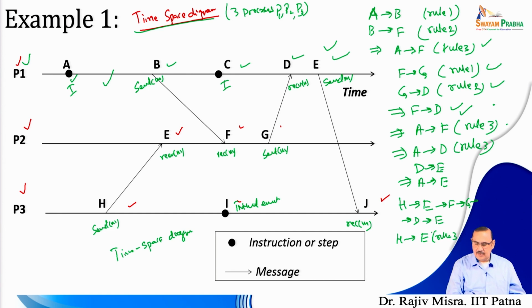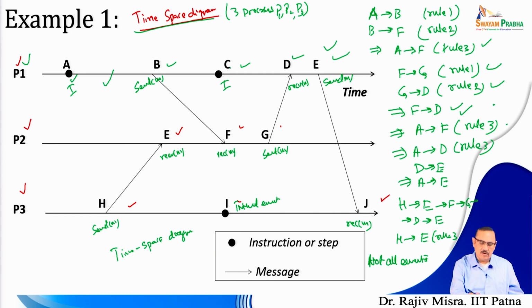Now, what we see here is that although many of these events are ordered, not all the events are ordered using causal order.